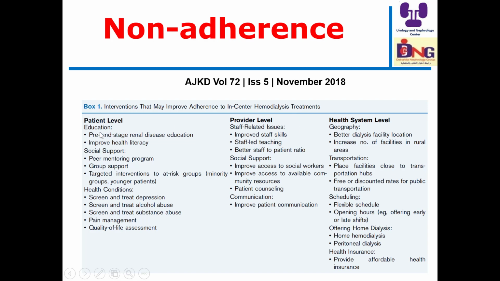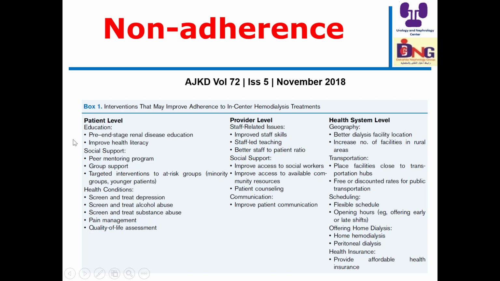In patients: educate the patients with pre-dialysis disease education, improve health literacy, and support the patients socially through peer mentoring programs and group support. Target interventions to risk groups and health conditions: screen and treat depression, screen and treat alcohol abuse, screen and treat substance abuse, pain management, and quality of life assessment.